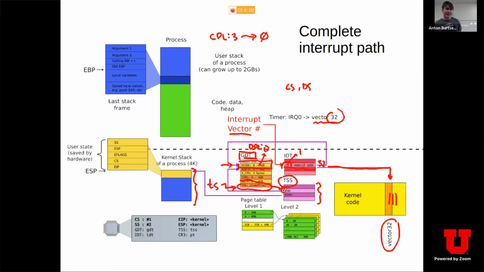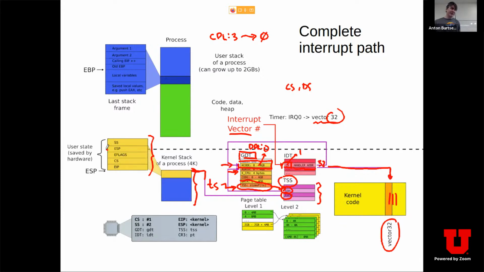And inside the TSS, hardware locates two new things: the new stack segment, which essentially picks this kernel data, which has privilege level 0, and the offset of the kernel stack, so essentially a pointer to this stack, right? And at this point, it is ready to move on with the interrupt transition. So it says, okay, I will save these 5 entries on this new kernel stack: stack segment, stack pointer, EFLAGS, code segment, code pointer, right?